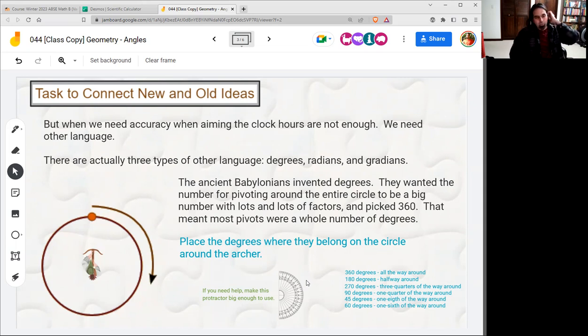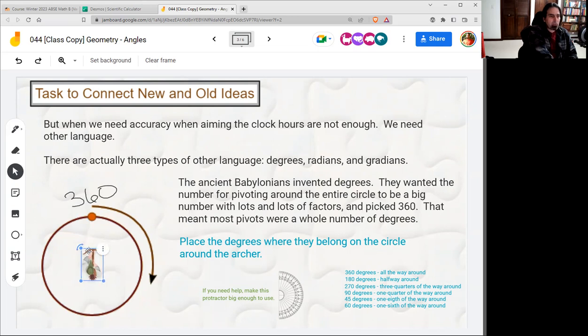And the ancient Babylonians invented degrees, and they wanted to pick some really big number with lots of factors. So they picked 360. And that way, almost no matter what you spun the archer, the number of degrees that you went is a whole number, because who likes fractions?